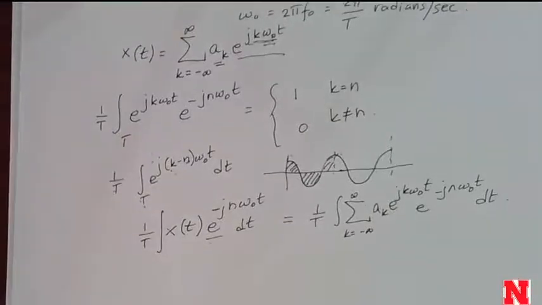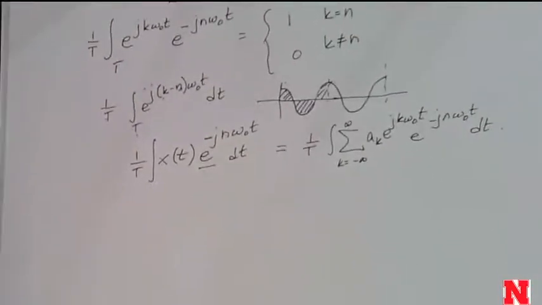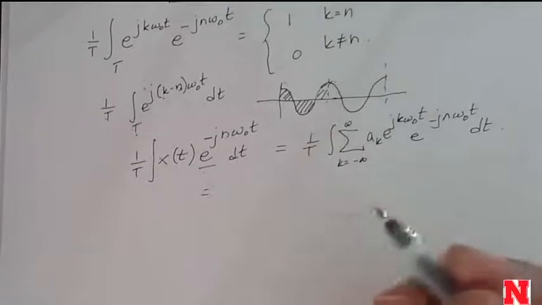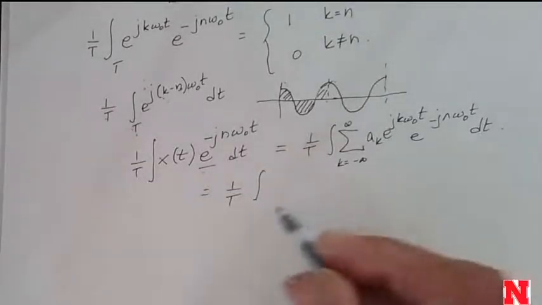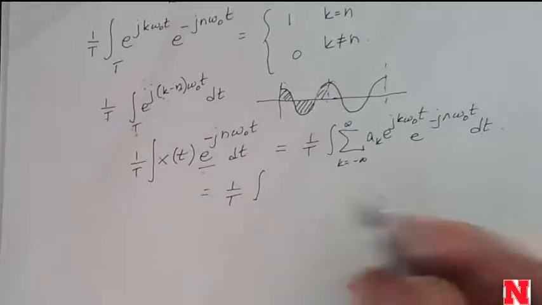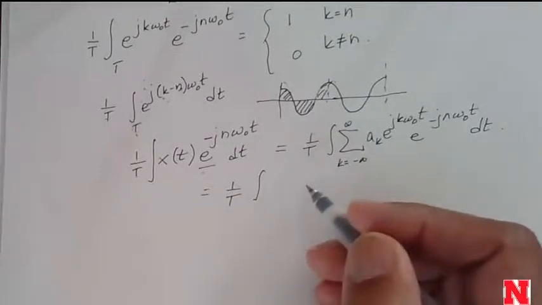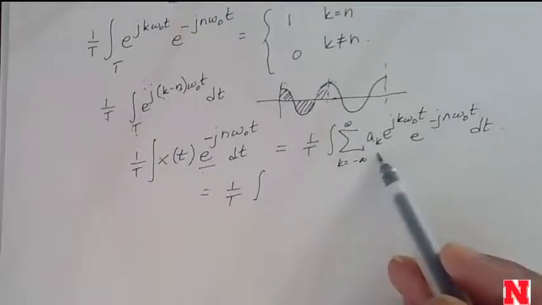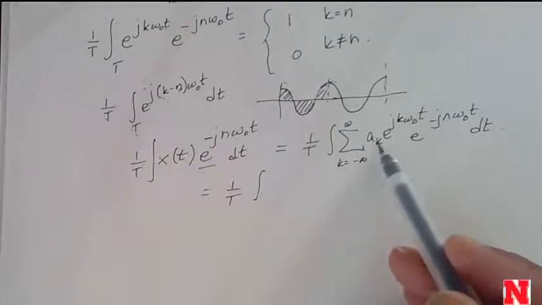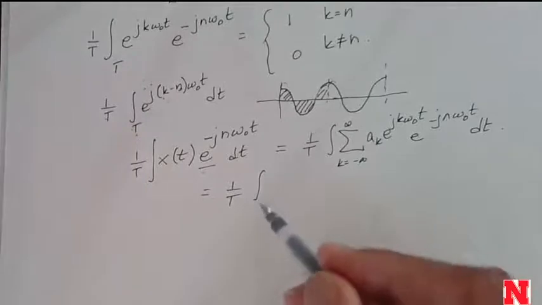And then, moving this up, we get 1 over T integral. Let's take the summation and the integral and swap these, and then I can take a sub k and move it out of the integral as well.